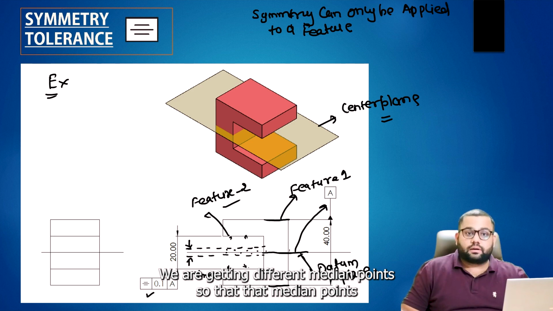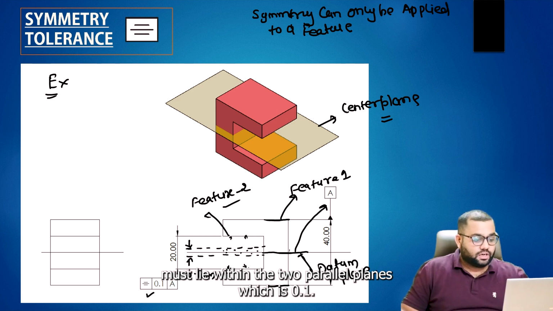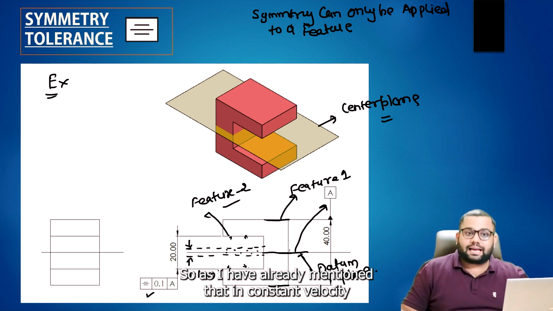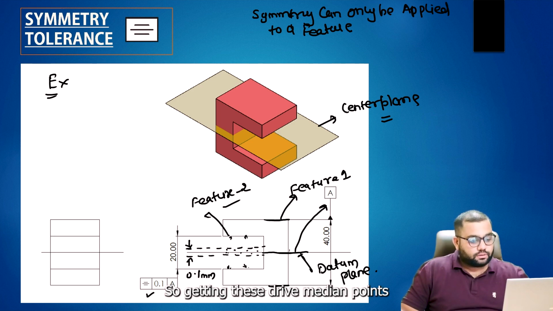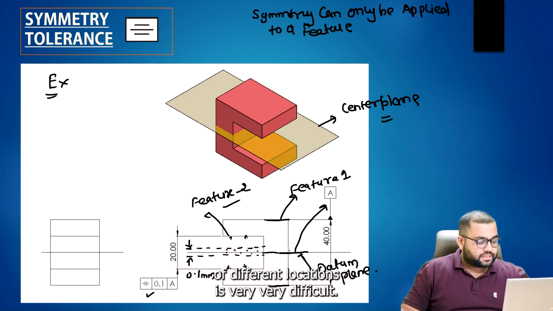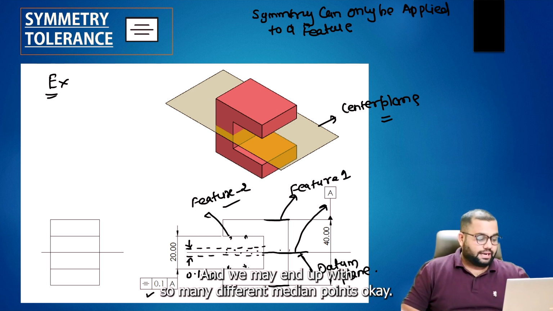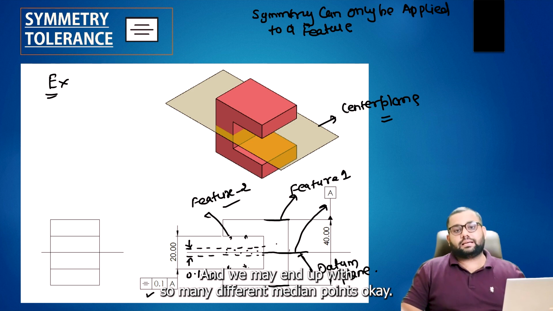Those median points must lie within the two parallel planes, which are 0.1 mm apart. As I have already mentioned in concentricity, getting derived median points at different locations is very difficult, and we may end up with so many different median points.